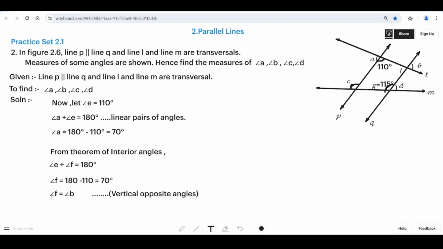Because when two lines intersect, the vertically opposite angles formed are equal.